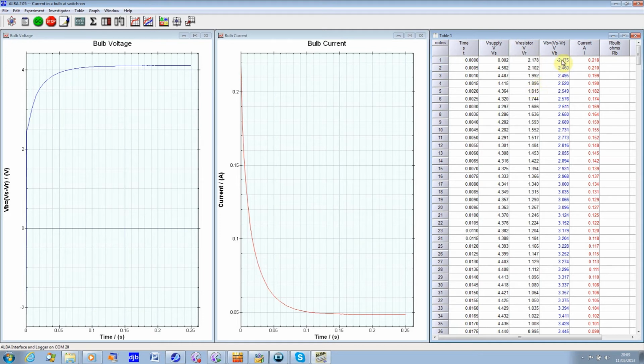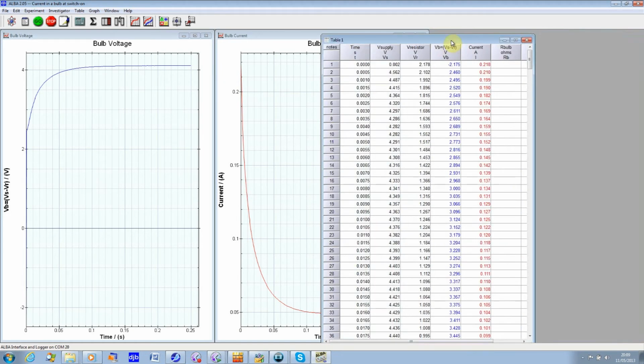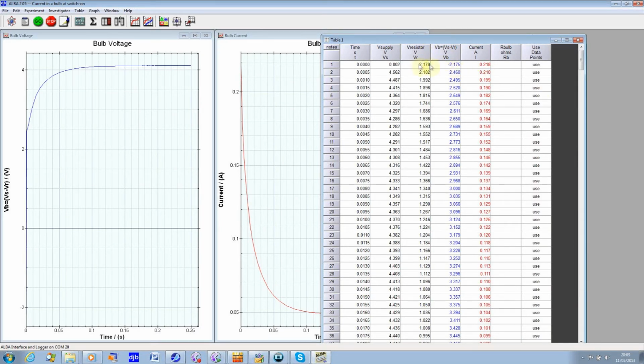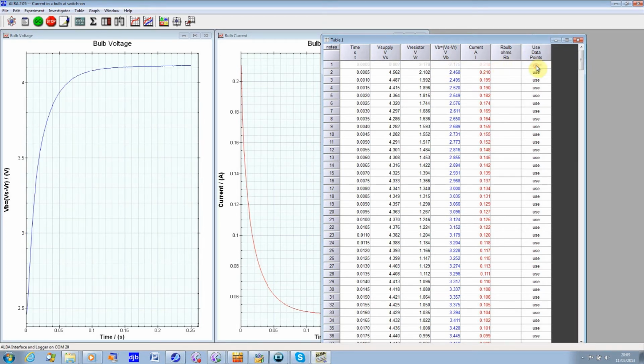And we can see that we've got an odd point here. Let's drag this in. We have an unacceptable reading here, and I'm going to double click on that and say ignore.